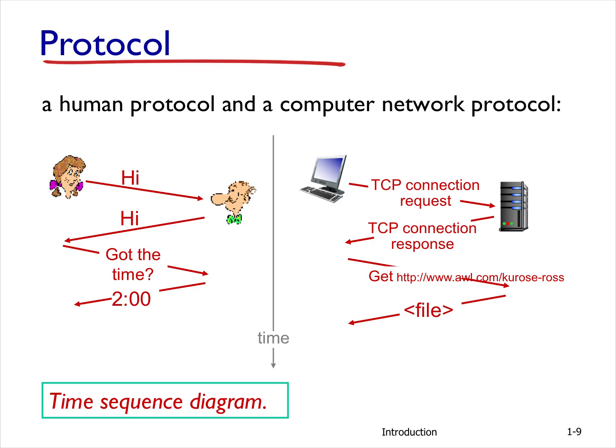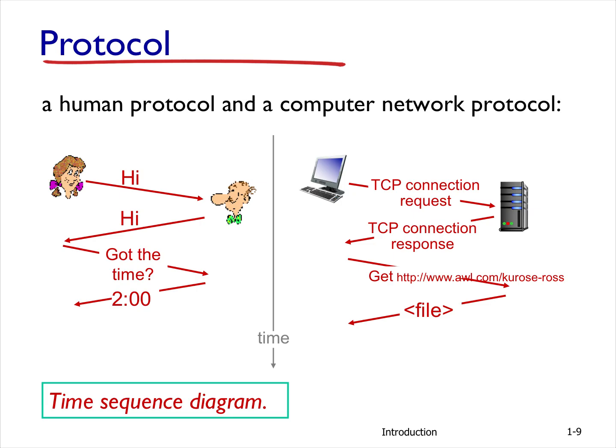Okay? Now, taking it from the human to an actual communication protocol, for example, TCP. Whenever you are issuing some request from your computer, it doesn't send the request immediately. For example, when you type the address of a website and then you press enter, it doesn't immediately send that address of the website.